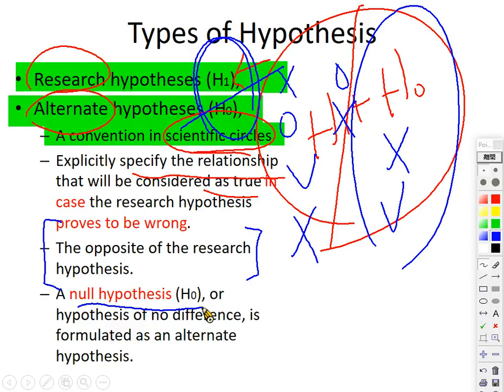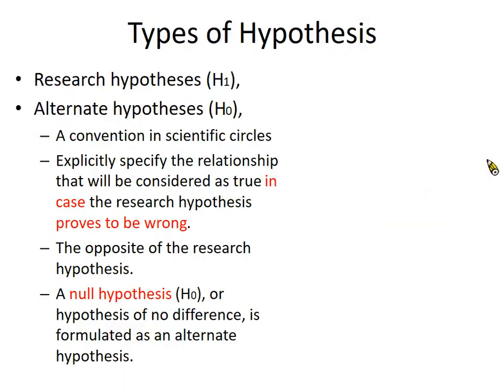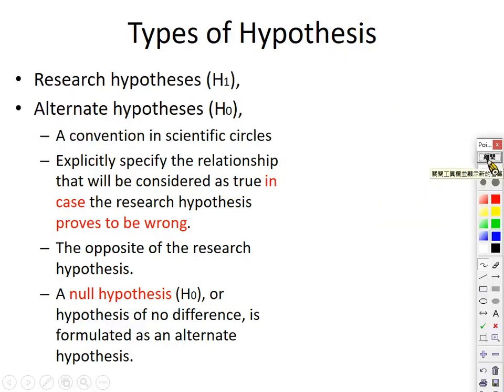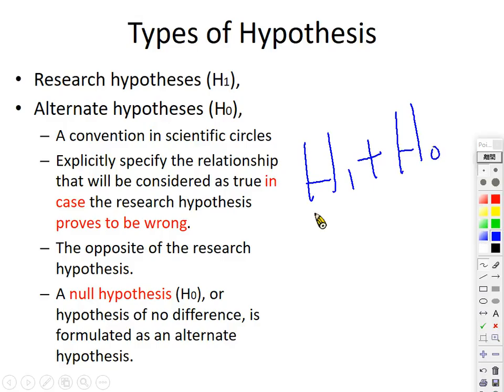So basically for now, it's very simple for you to understand one point: the relationship between H1 and H0 is that together they form all possible happenings of the situation related to the hypothesis.